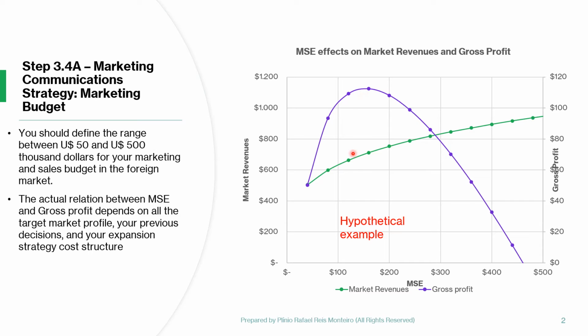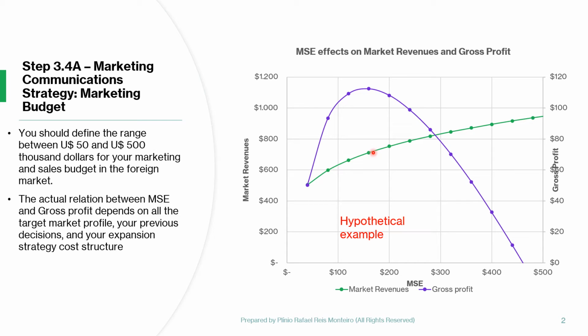At a certain amount of money spent on marketing, you're going to have the maximum profit of your business. And if you keep investing more beyond this limit, then your gross profit will be reduced. And if you invest too much, probably your profit will not be enough to generate any profit for you, and then you can even start losing money.